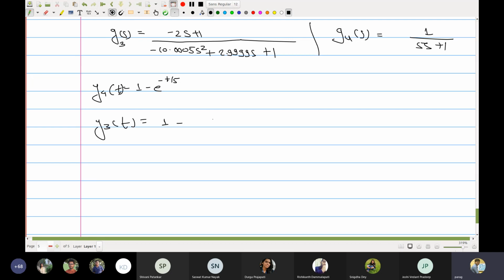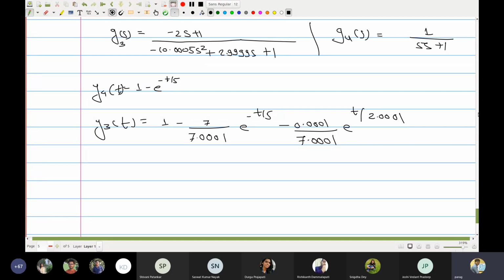1 minus 7 upon 7.1231 e to the power minus t by 5 minus 0.1231 upon 7.0001 e to the power t by 2.0001.